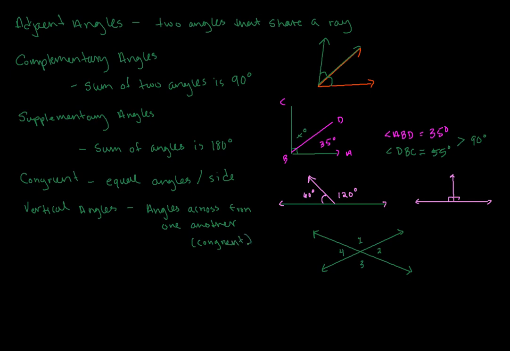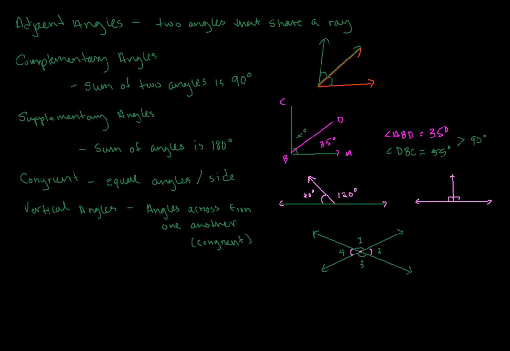We know that angles 1 and 3 are congruent. We also know that angles 4 and 2 are congruent to each other, because they are across from one another and they share the same vertex right here in the center as well. So those two are vertical angles.